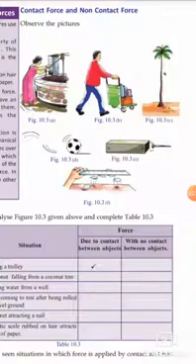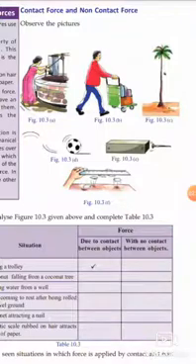So here I mentioned different agents which apply force. The muscle of the woman applies the force, I said. On which body does it apply the force? On the rope.